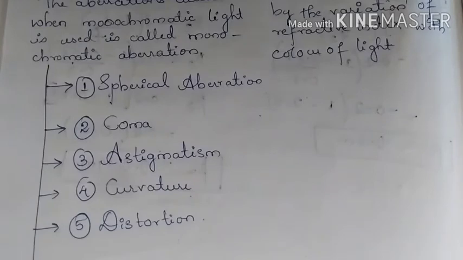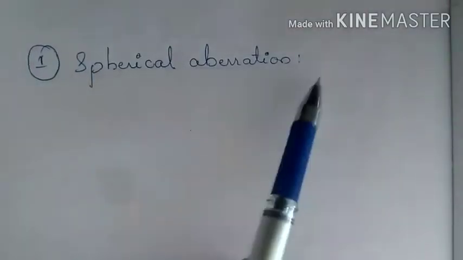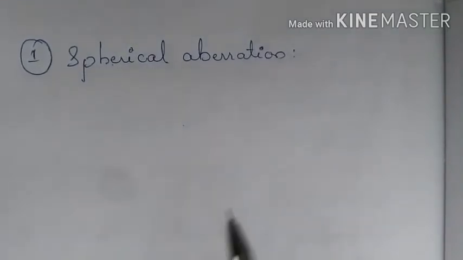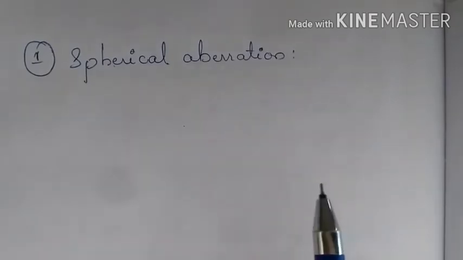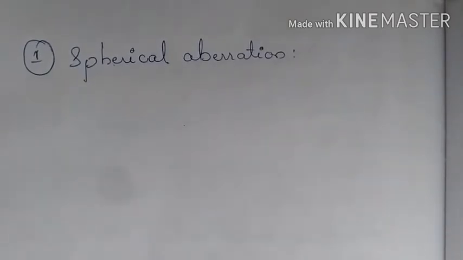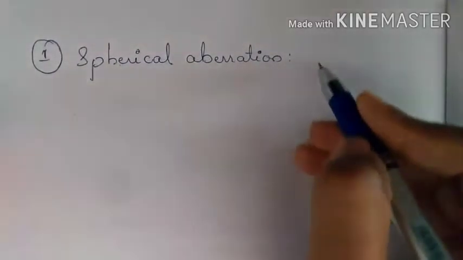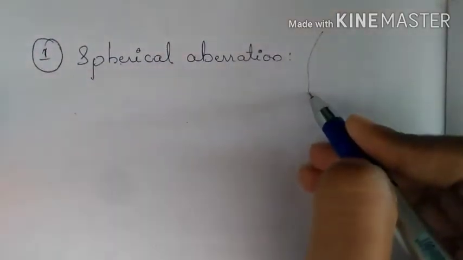So in this, the first is spherical aberration. Spherical aberration means the defect in lens due to variation of focal length for different portion of wide aperture lens is called the spherical aberration. So let's suppose you have a lens like this.